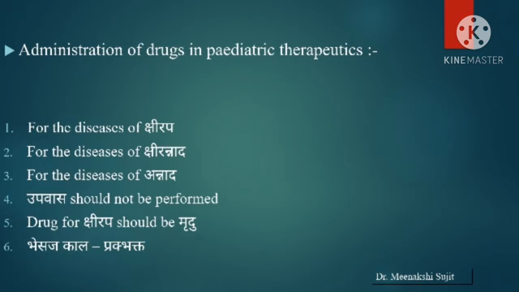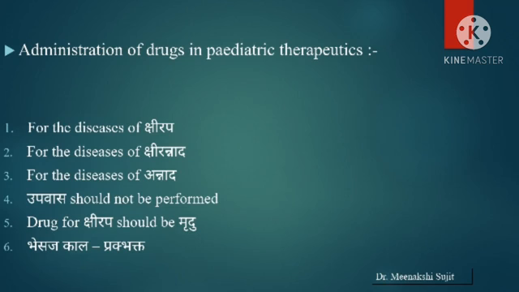How will you administer the drugs in pediatrics one by one, according to the condition of the baby? Because in our pediatrics, Kaumarabhrutya, the age group is divided into 3 parts: Kshirapa, Kshiranada and Annada. The way of treatment is also according to the age of the child.